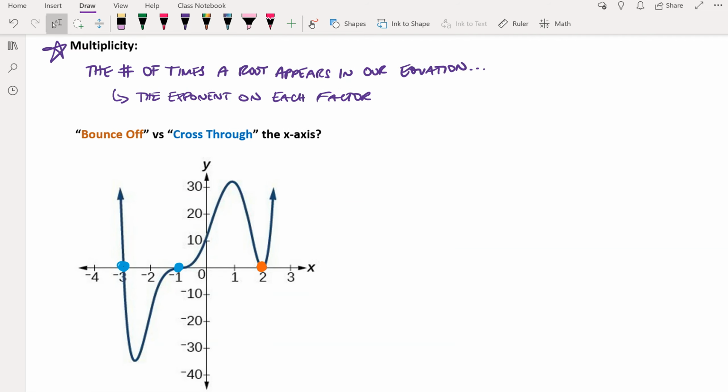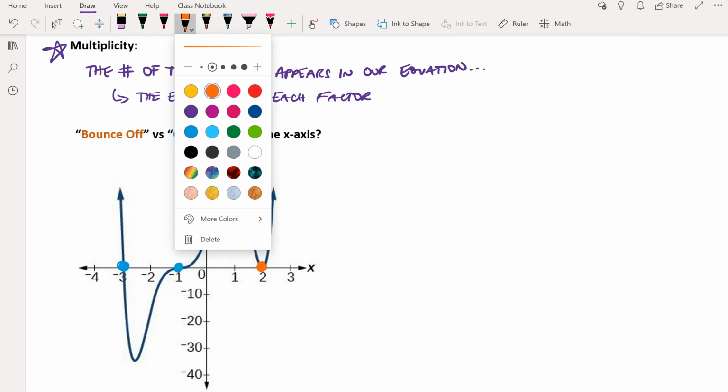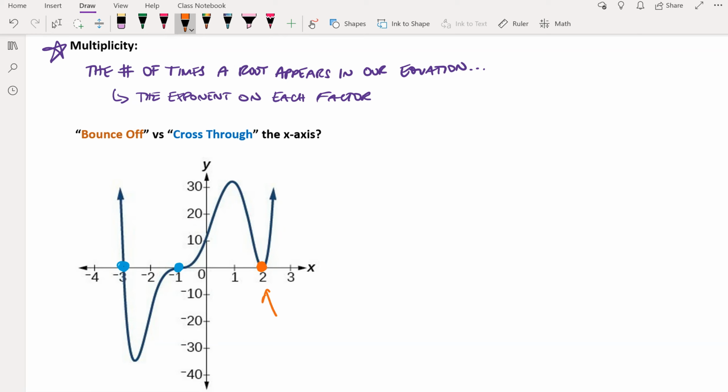This orange dot right here is showing an example of bouncing off the x-axis. This is a bounce. What a bounce means is you can't cross through. You're not allowed to go through the x-axis. You have to bounce off of it. See how my function hits the x-axis right here?